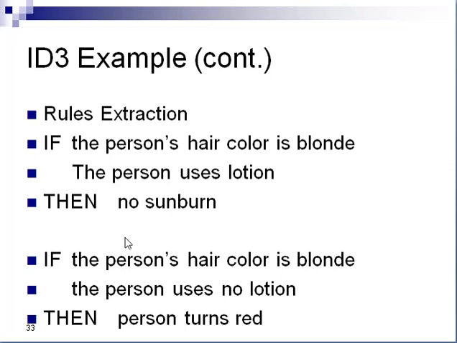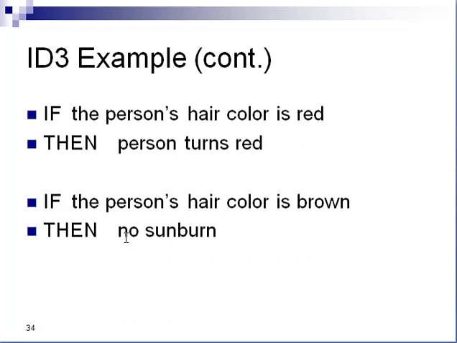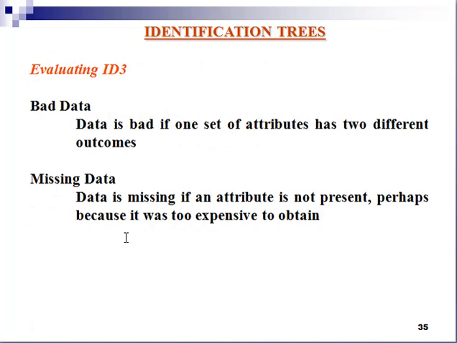On the other hand, if the person's hair color is blonde and the person uses no lotion, then the person turns out to be sunburned. The rest of the rules can be: if the person's hair color is red, then the person turns out to be sunburned, and if the person's hair color is brown, then there is no sunburn.